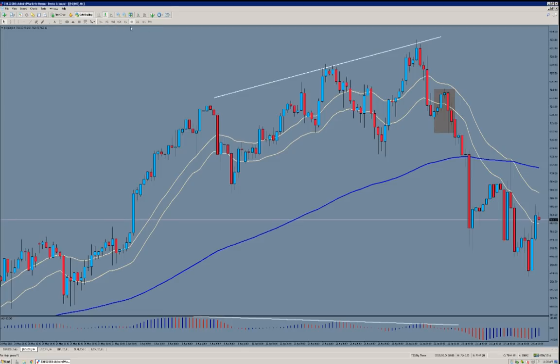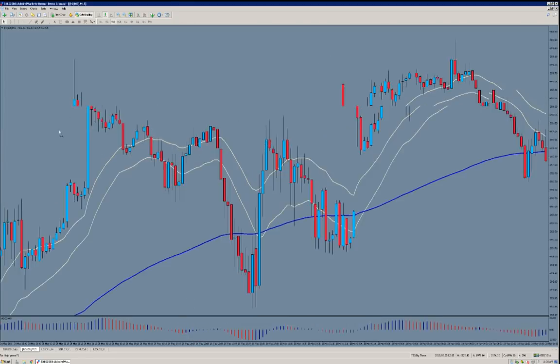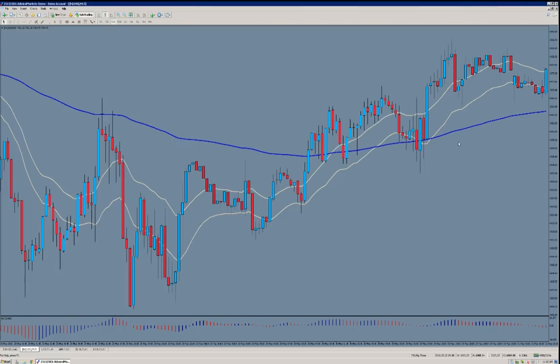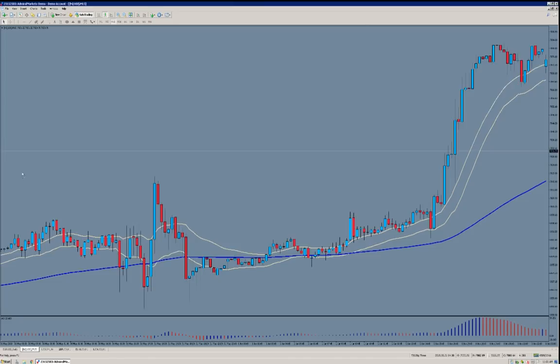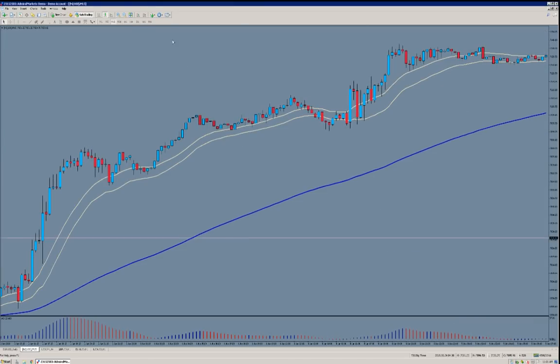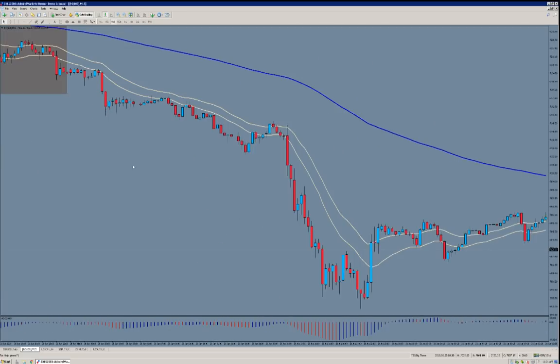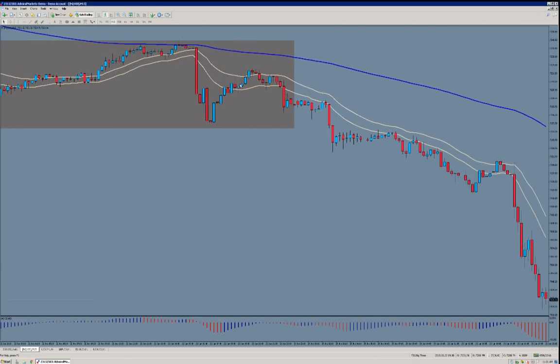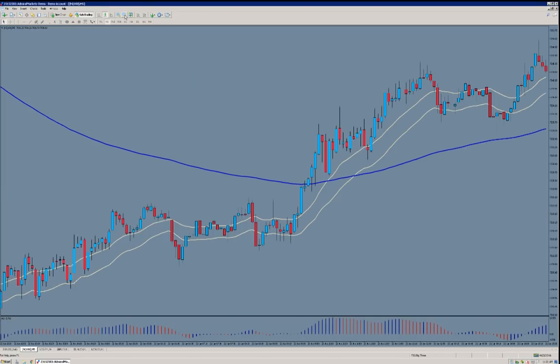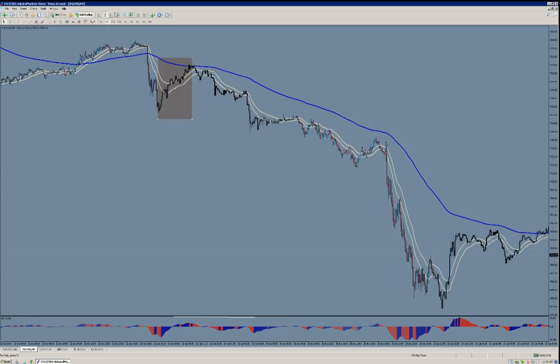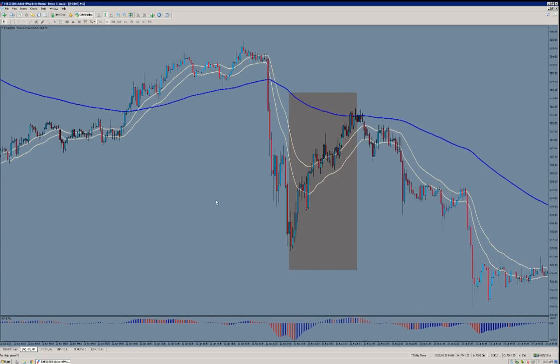So if we talk about the idea of this entry here, I just need to find it now. Where are we? Right, so it's saying, okay, do you want to gauge this pullback on a really, really small time frame? Here we are.